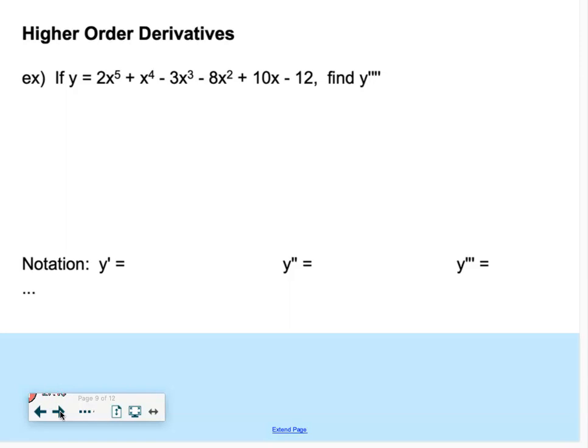So y equals 2x to the 5th plus x to the 4th minus 3x cubed minus 8x squared plus 10x minus 12. Find y prime prime prime prime, or y quadruple prime.